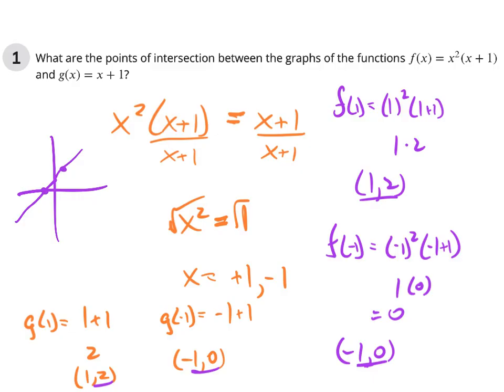Let's put this in different colors so we can see it. So these are the points of intersection. x cubed plus x squared looks like this. It starts low, it'll dip back down, it'll do something like that. So finding intersections, we're looking for the points of intersection between two separate graphs.